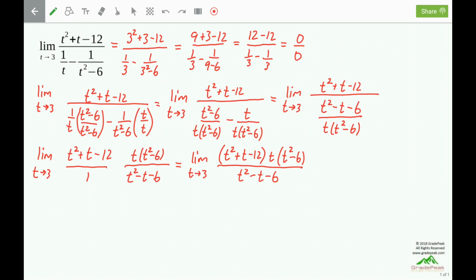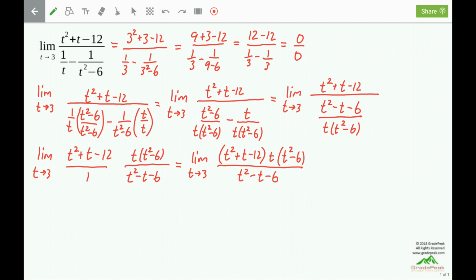Actually, they're hidden right now. One of them will be in the denominator within that, and one of them will be in the numerator within that. So those are still making 0 over 0, and we're not going to be able to cancel until we go and factor those out to find those t minus 3s.